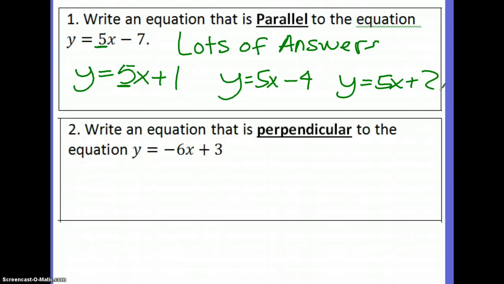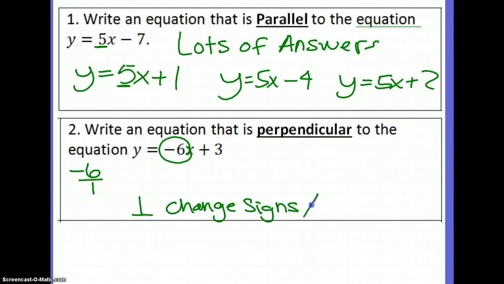Number 2, write an equation that is perpendicular to the equation y equals negative 6x plus 3. So if we want perpendicular to that negative 6 slope, negative 6 is over 1. And remember, with perpendicular, we change signs and we flip the fraction, or we take the reciprocal.